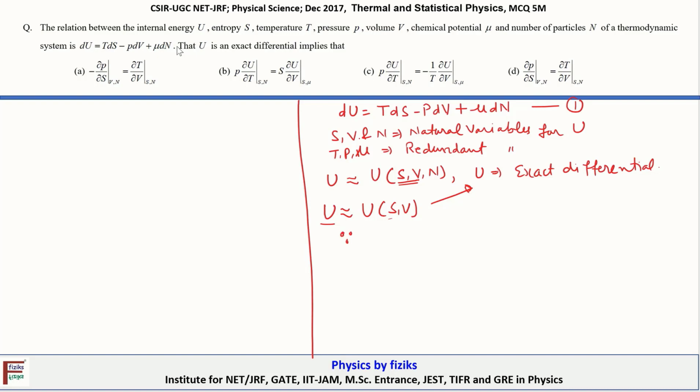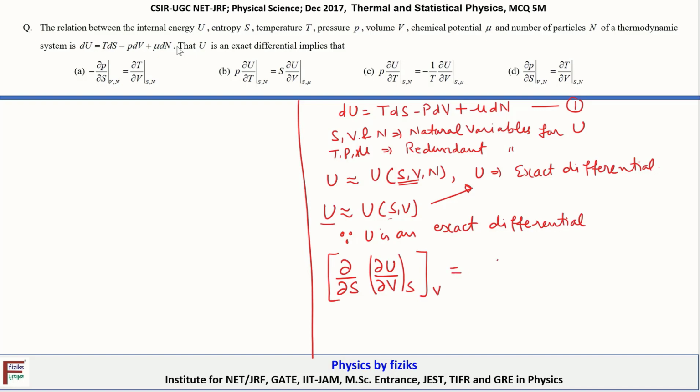So because U is an exact differential, this implies that curly S of dU by dV, keeping S constant, and when it is with respect to entropy, then it's at constant volume, should be equal to curly V of dU by dS, keeping V constant, because order of differentiation doesn't matter. Let's call this equation 2.